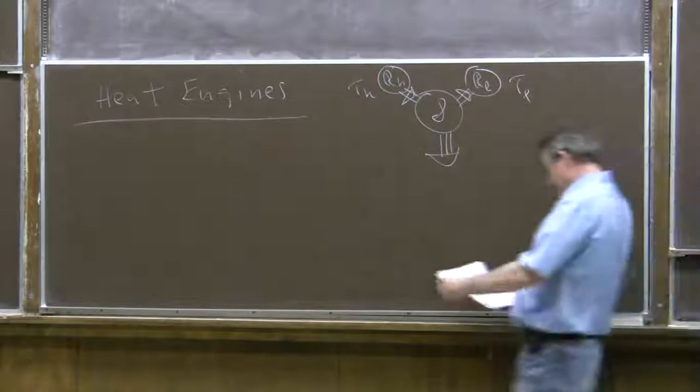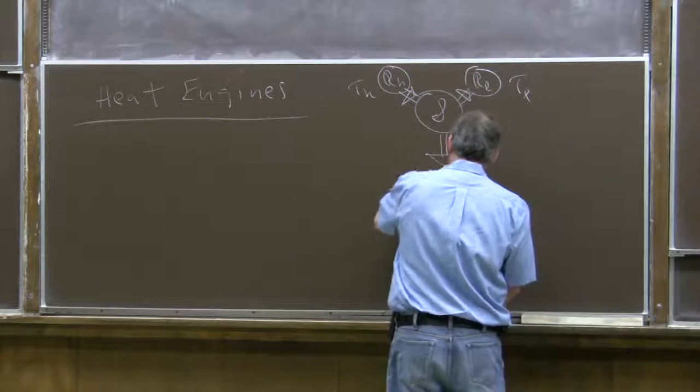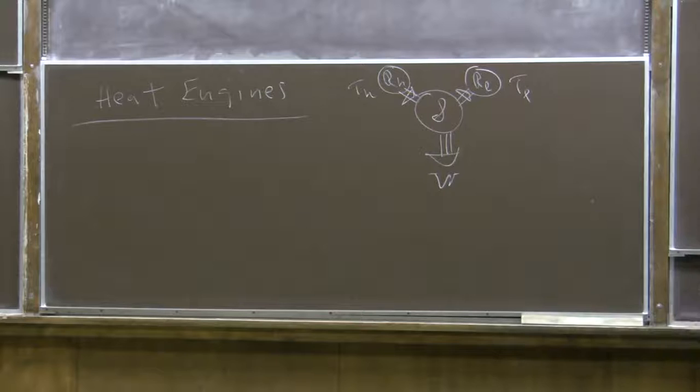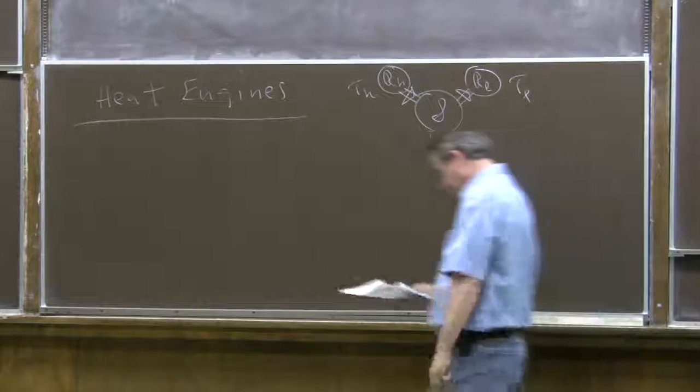That's how a heat engine operates. Well, the principle is used in many different ways in technology for generating electricity with, say, steam turbines, internal combustion engines, and many other things.